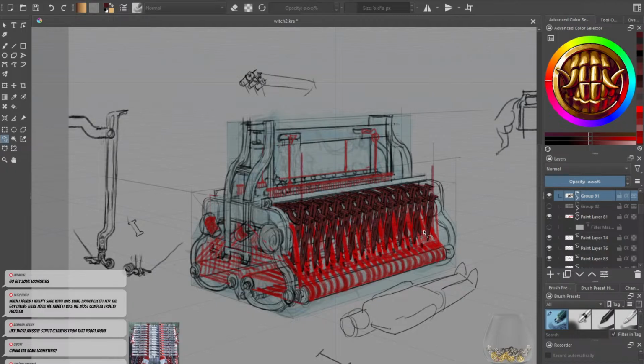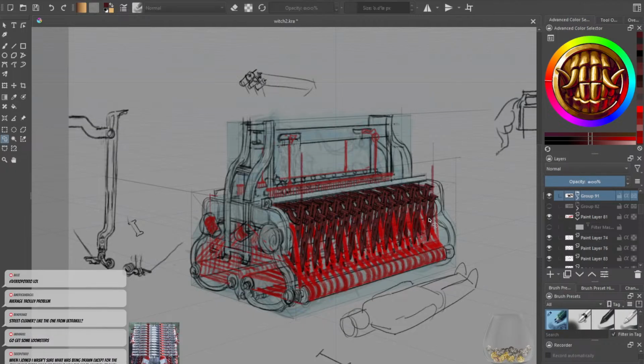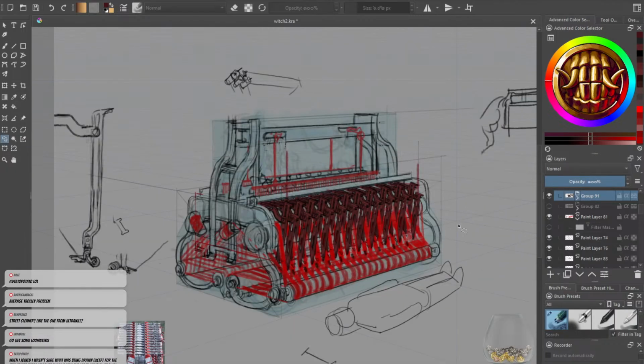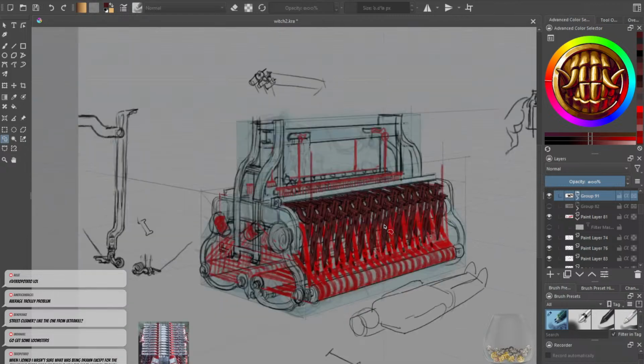When I joined, I wasn't sure what was being drawn except for the guy laying. It made me realize it's the most complex trolley problem. No, it's not a trolley problem. But yeah, rest in peace to the people who just joined in. I'm sorry. I have to go now. My people need me. My stomach needs me, I guess. Still worth it. Thank you.